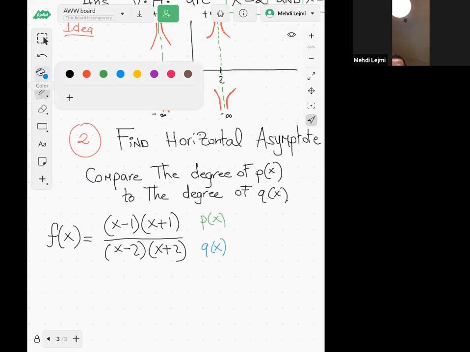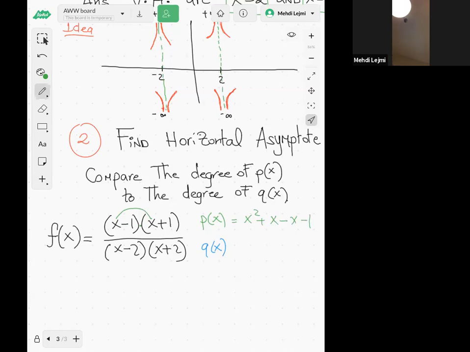One? Nope, that's not true, because if you distribute, x times x is going to be 2. So if we distribute, p is x squared plus x minus 1. That's my p, right?